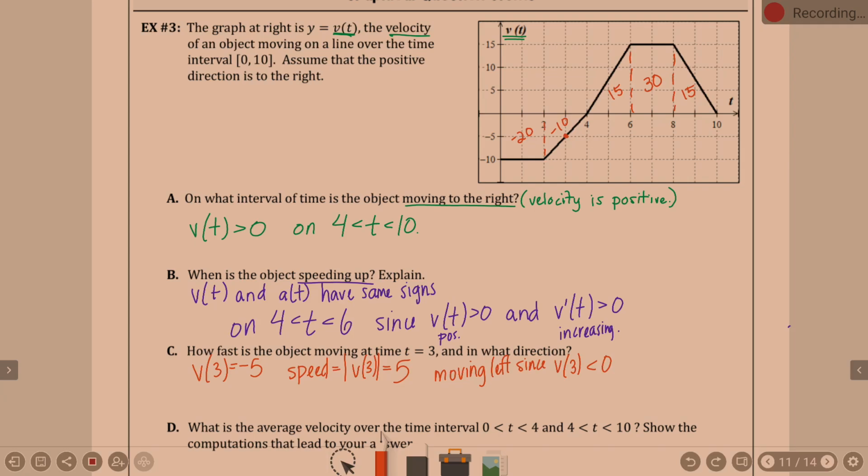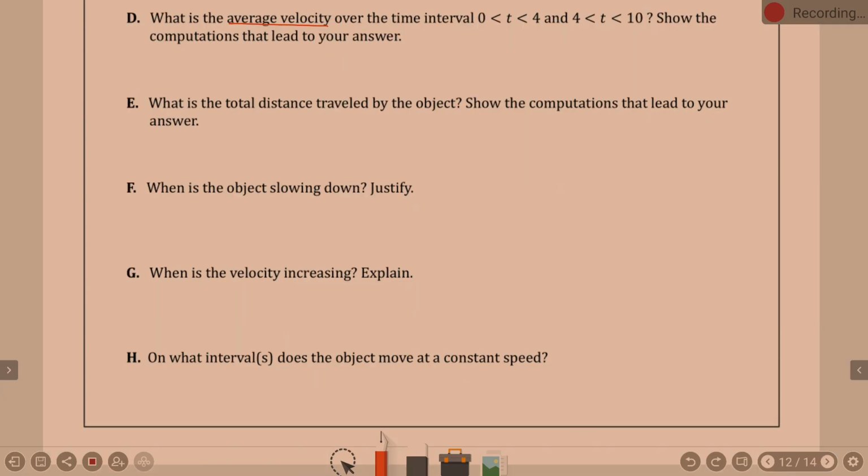Okay, let me go down here and put some work here. One thing you do need to think about is change in position over change in time, or I also have it as total distance divided by elapsed time. I broke it into two pieces.